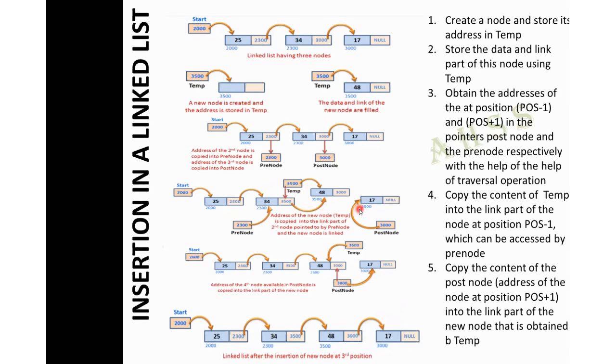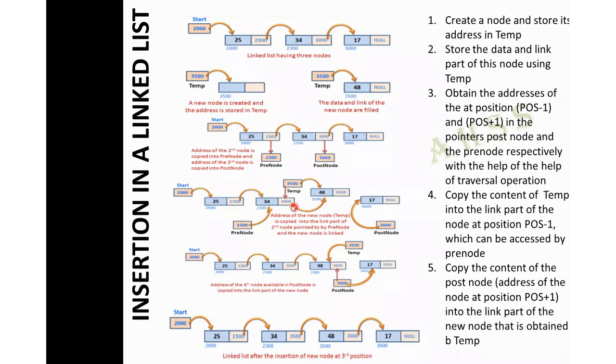Okay, think carefully. We have to copy the addresses correctly. In which node should the address of 48 come? In 34. 48 is the value, and its address is 3500.